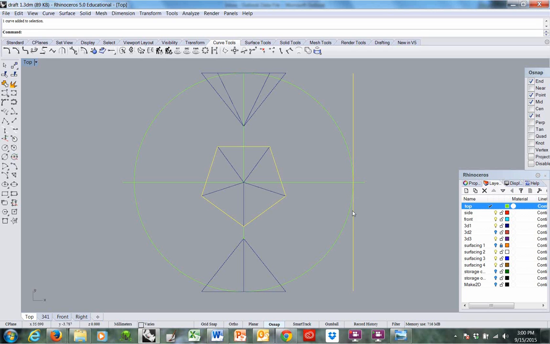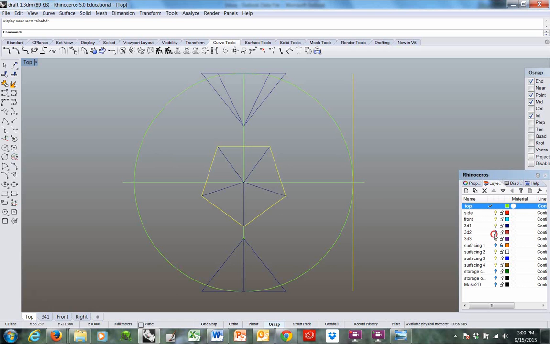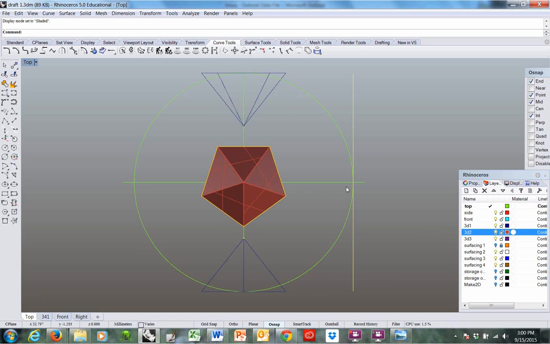And once again, this line represents the base, just as this line does here.